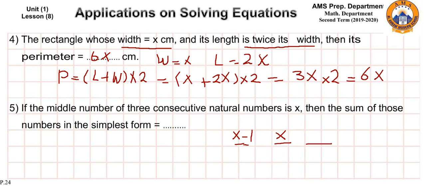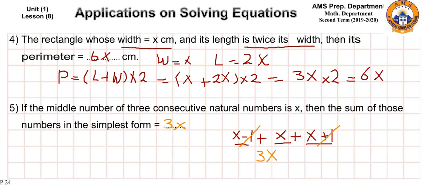The number after x is x plus 1. The sum of them, so you have to add them. Now you have x plus x plus x. The answer will be 3x. Negative 1, positive 1, we will cross them together. So finally our answer will be 3x.